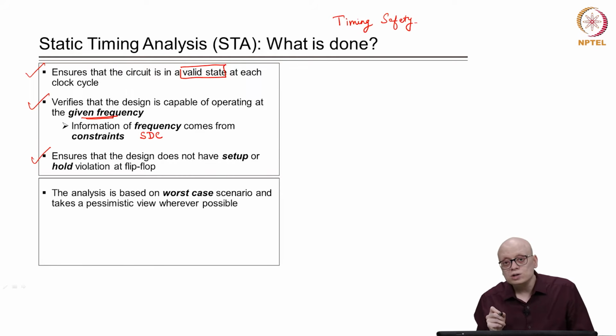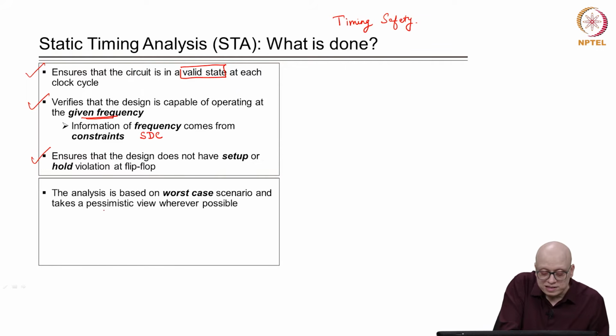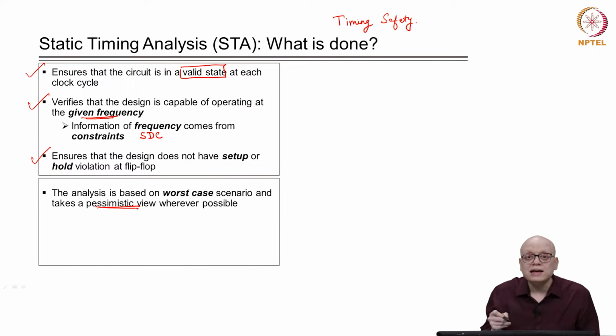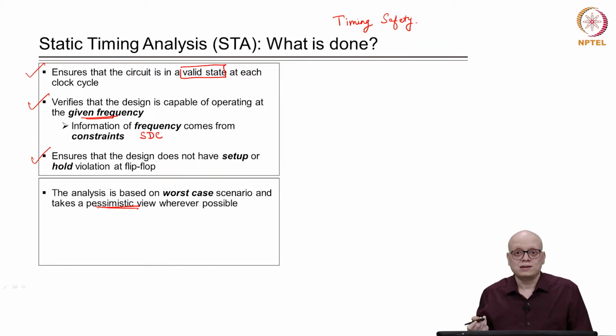To ensure the timing safety, sometimes the STA tool can take a pessimistic view, and it can throw some unnecessary violations, but an STA tool will never suppress a real violation. It can throw some extra violations, but once a design is passing, meaning the STA tool says there are no timing violations, then the design is indeed safe to operate as per its timing requirement.